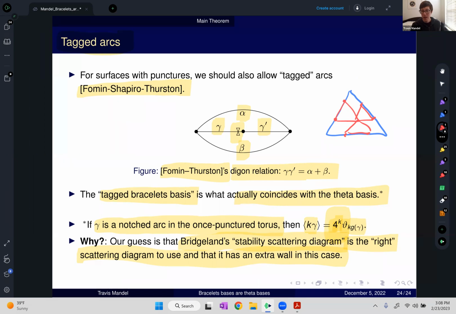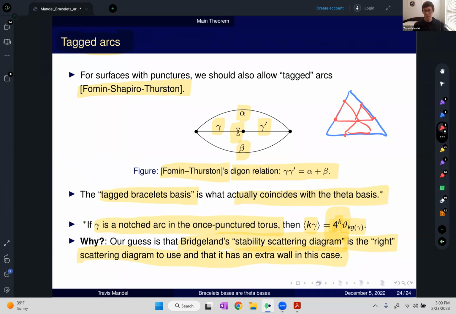I guess the original motivation for cluster algebras was Lusztig's dual canonical bases. Fomin and Zelevinsky wanted a combinatorial way to understand these dual canonical bases. Initially we hoped that the theta basis would coincide with the dual canonical basis. It seems it's actually different from that. It's probably this MV basis.